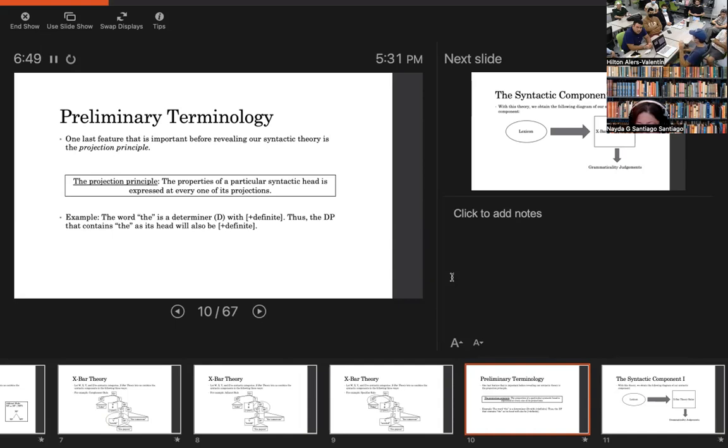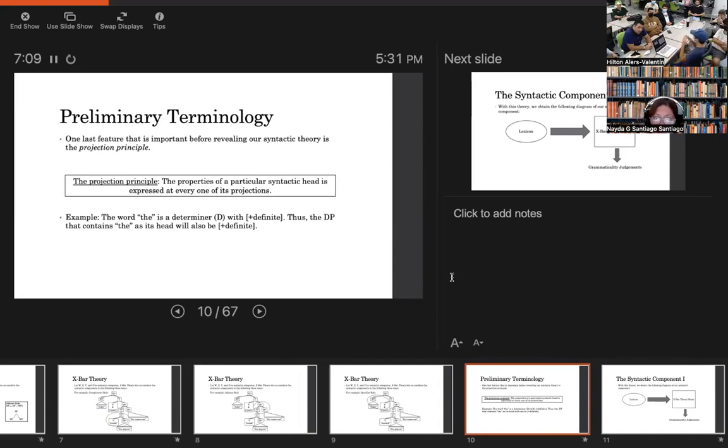So that property, plus definite, will carry on all the way up to the DP, right? And so there are certain properties that need to match for certain meanings to be interpreted, and that's why the properties of the head carry on through the bar level and through all the phrase levels that are in charge of that head, right? So what you mean is that any noun phrase that has the determiner D would be definite.